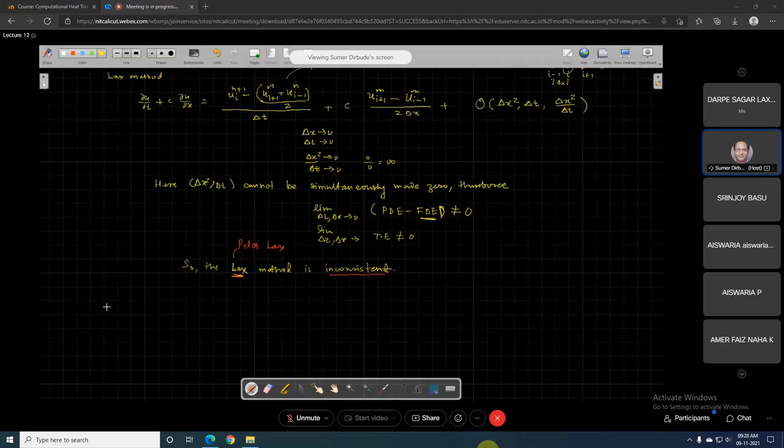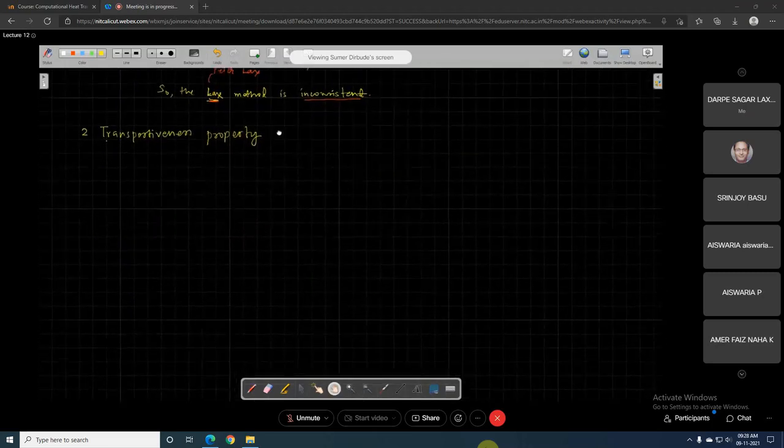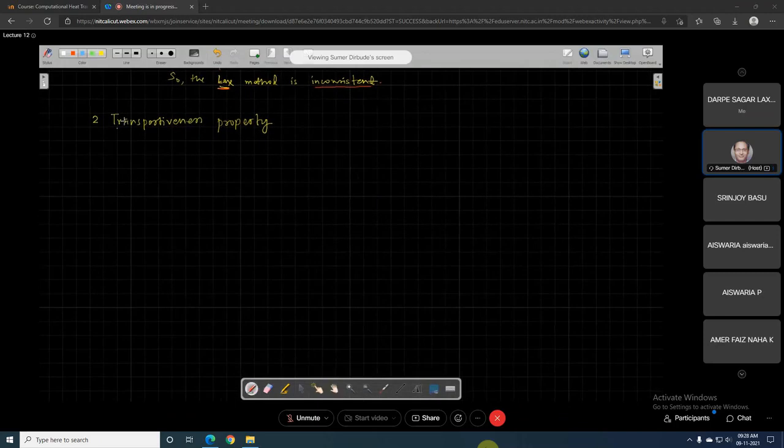Second is the transportiveness property. Okay. So this property, transportiveness, what does it mean? By name itself, if you look at this, transport.